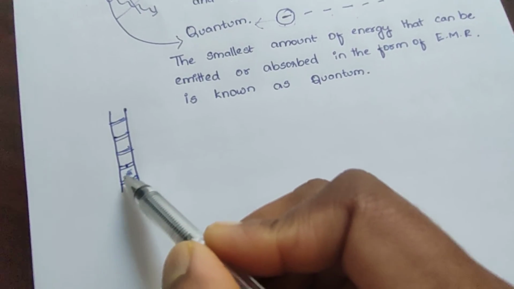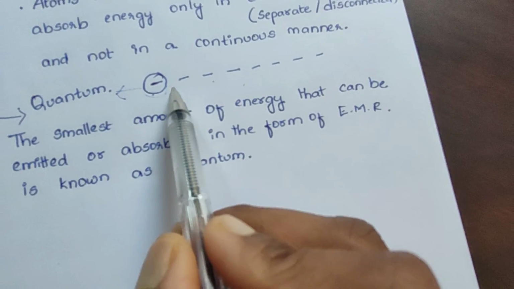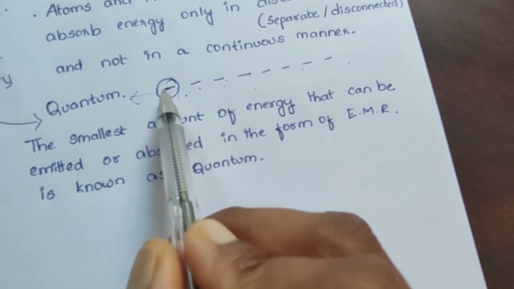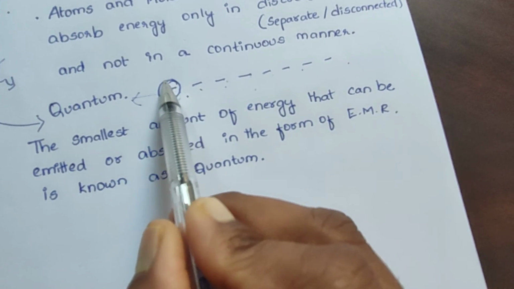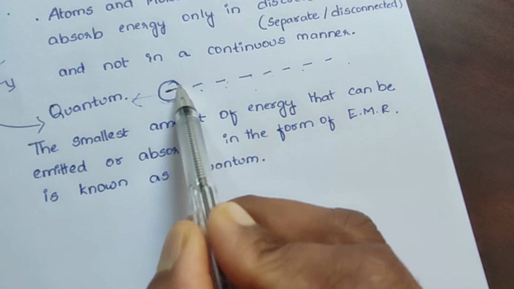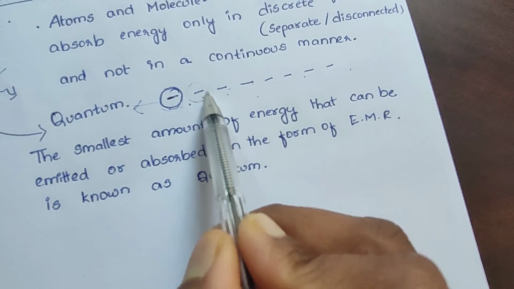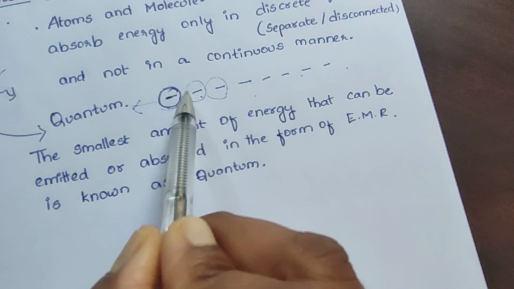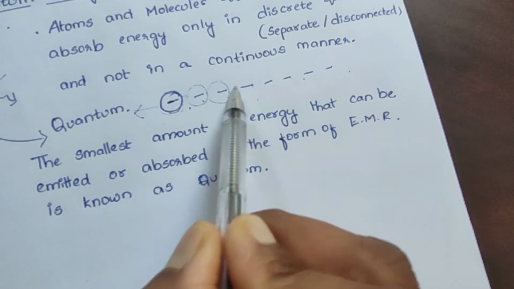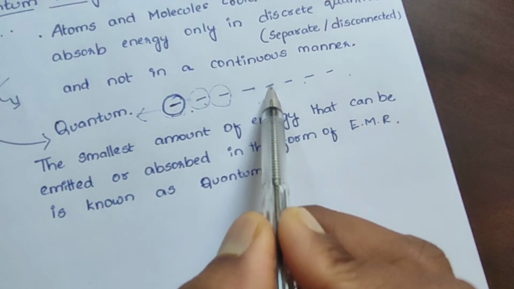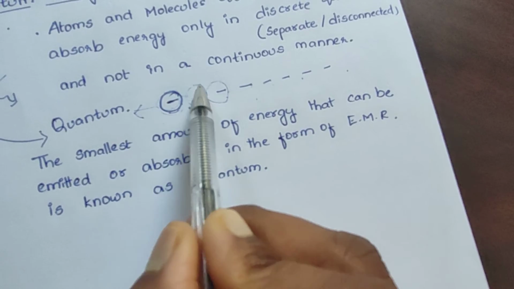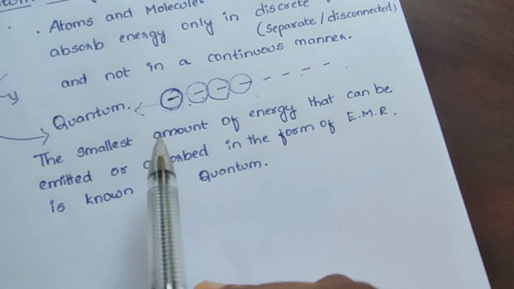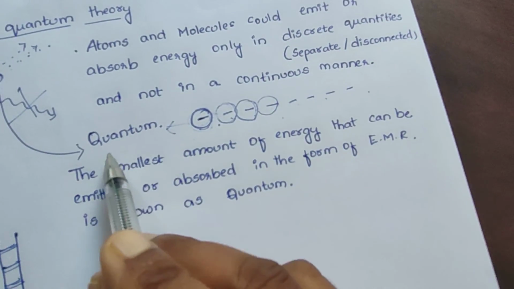Similarly, in electromagnetic radiation, an atom can absorb one quantum, or two quanta, or three quanta, but not in between, in the energy gap. It cannot absorb continuously, but it can absorb in packets of energy. So this is quantum.